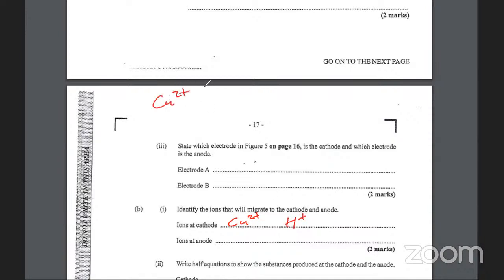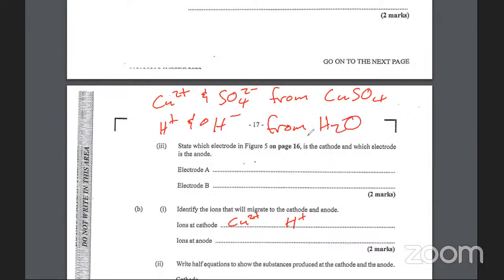You're going to have Cu2+ and SO4 2- from copper sulfate, and you're going to have H+ and OH- from the water. Now, the two positive ions will move to the cathode, and the two negative ones will move to the anode. The hydroxide and the sulfate will move to the anode.